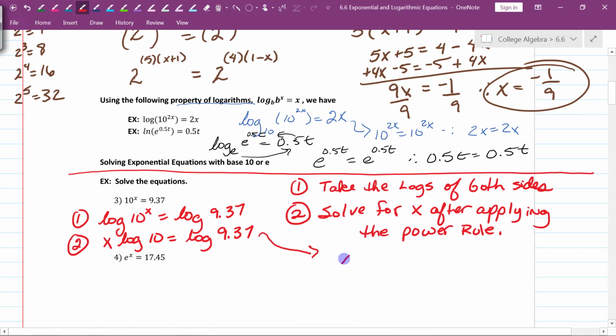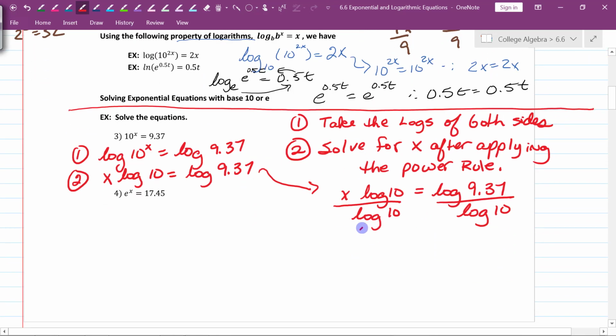I'll rewrite it. X log 10 is equal to log 9.37. We're going to divide both sides through by log 10, log 10.